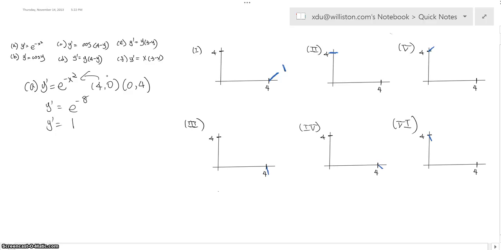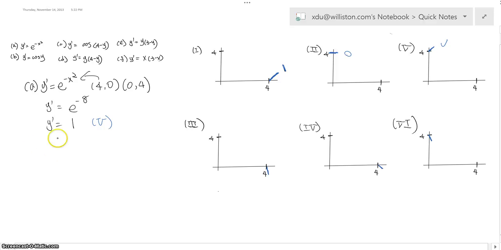The second one is 4, which has the y prime of 1, and that's approximately 1. So it matches with 5. And that's a negative number.